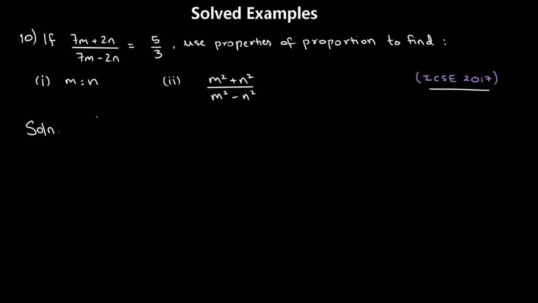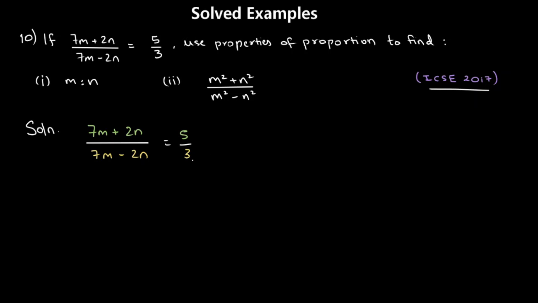So to start off, let's write our question. What we've been given is (7m + 2n) divided by (7m − 2n) is equal to 5 upon 3, right?